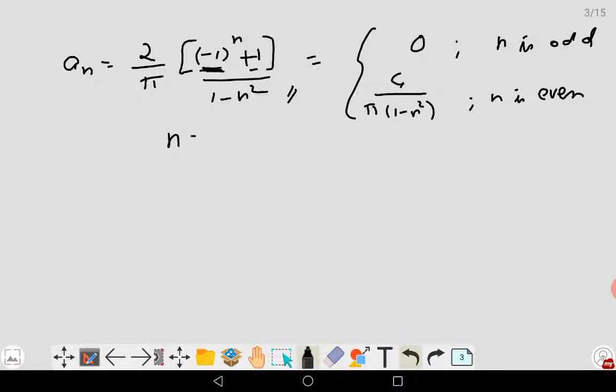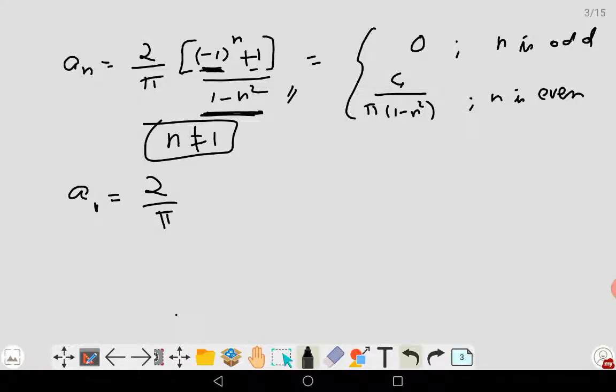Now this result is not good for n is equal to 1 because n is equal to 1 will make denominator into infinity and into 0, therefore it will become infinity, so it's not possible, isn't it? So find a1 separately. In the formula of an, take n is equal to 1. This a1 is 2 over pi, integral from 0 to pi.